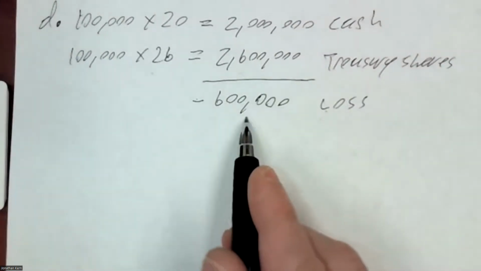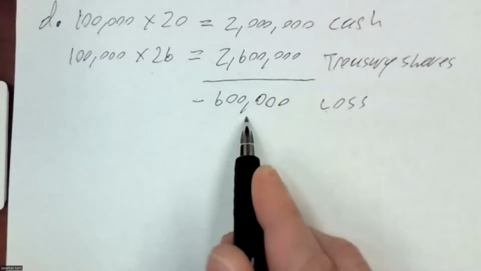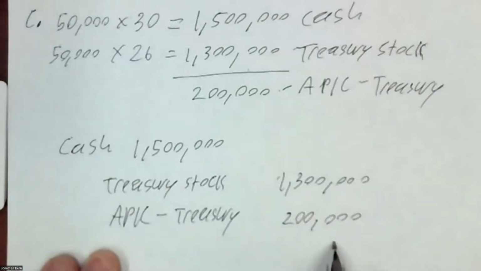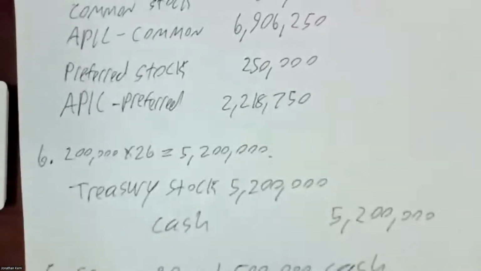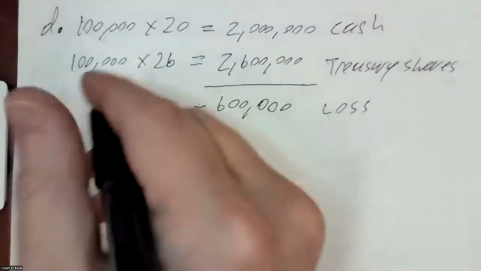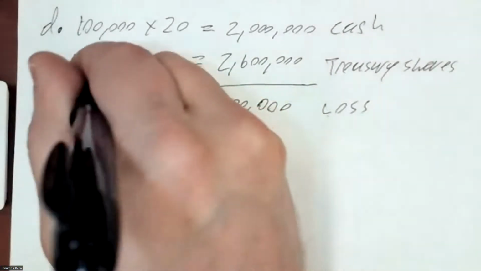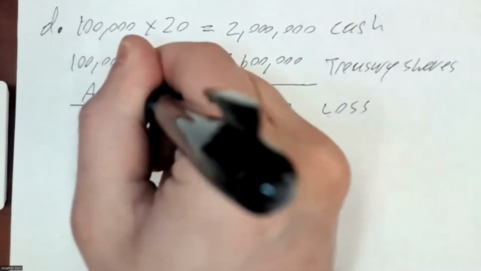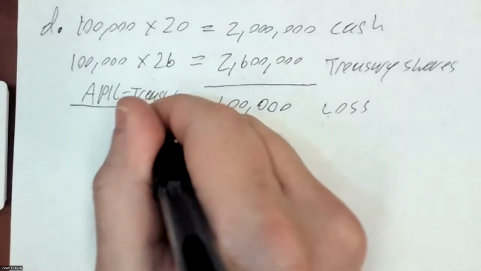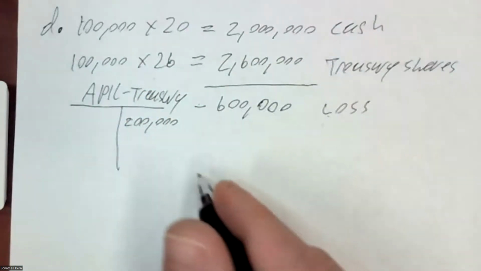So the next step is we have to determine how much APIC Treasury we have. If we go back and look at step C, we credited APIC Treasury for $200,000. So if we were to draw a T account for APIC Treasury, we would have over here on the credit side $200,000.